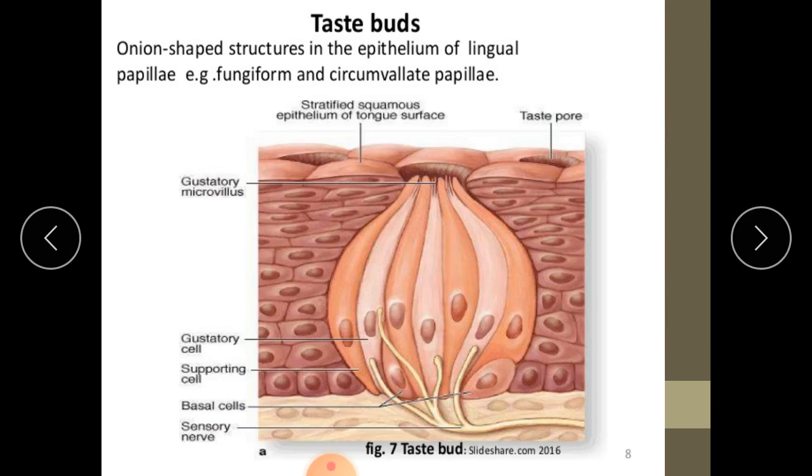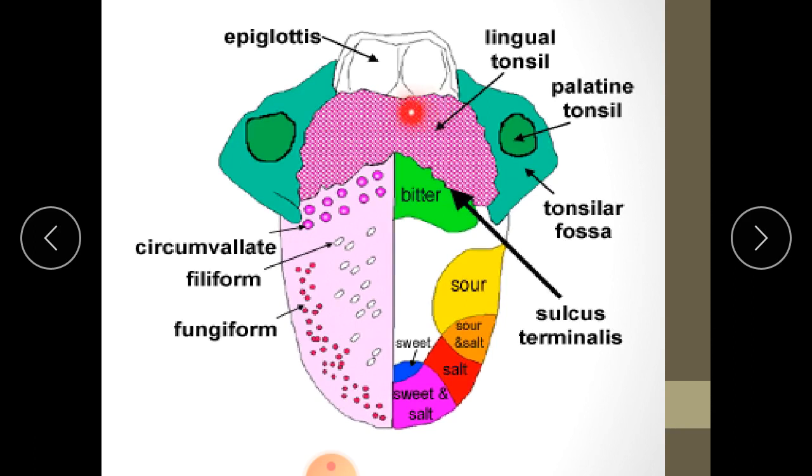The upper side of the posterior tongue, the pharyngeal part, has no visible taste buds, but it is bumpy because of lymphatic nodules. These follicles are known as the lingual tonsils.